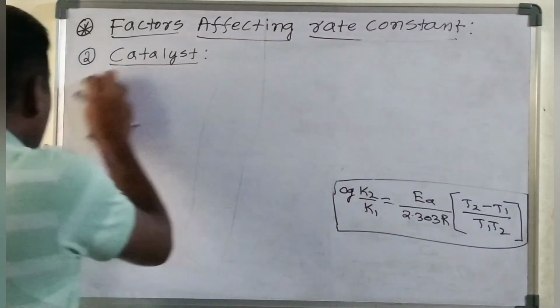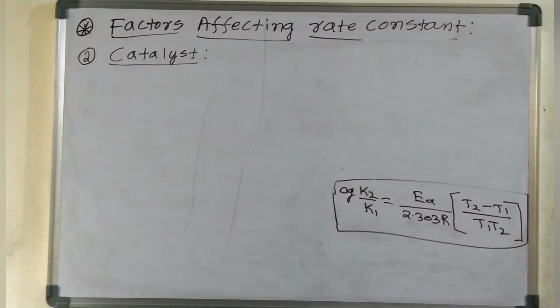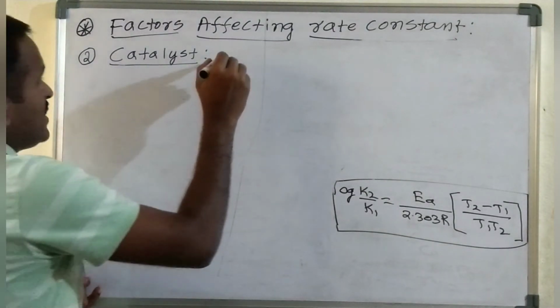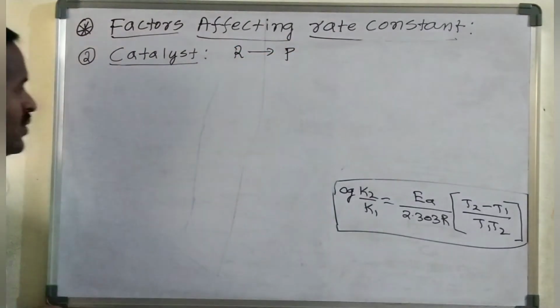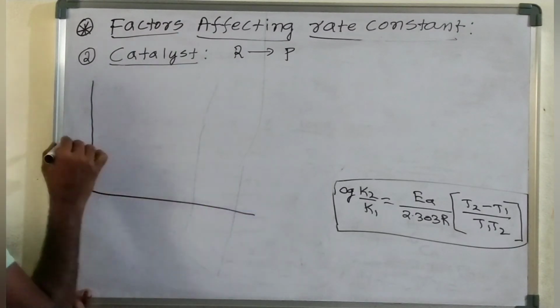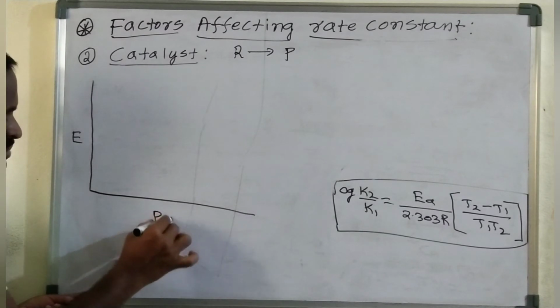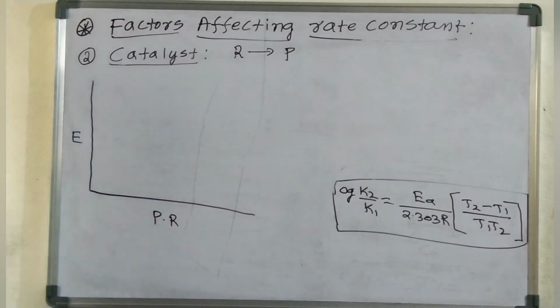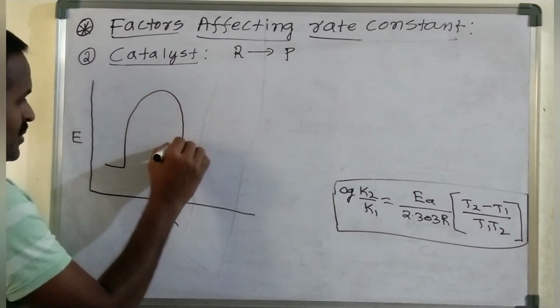Based on the activation energy graph we can easily tell this. Consider a reaction in which reactants are giving rise to the product. If you plot a graph where the energy of the reactants is taken on the y-axis and the progress of the reaction is taken on the x-axis, you will find the reactants converting into the product here.